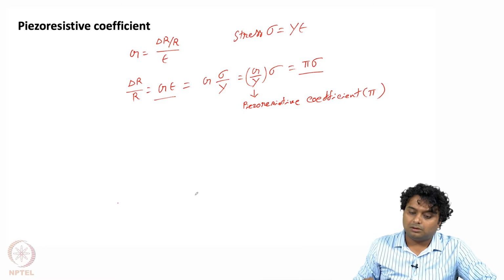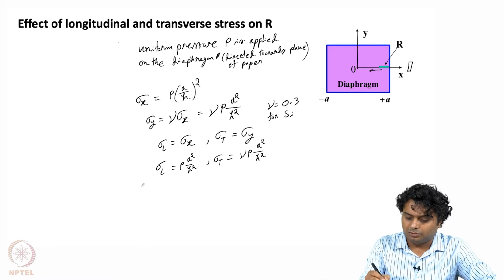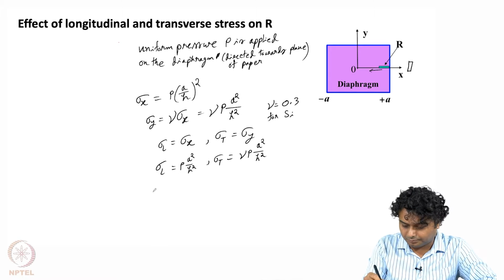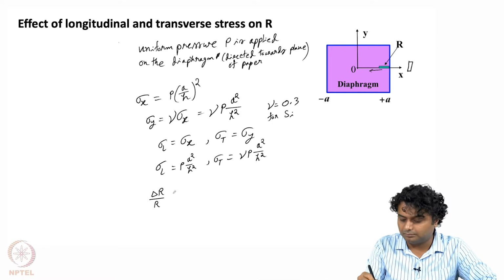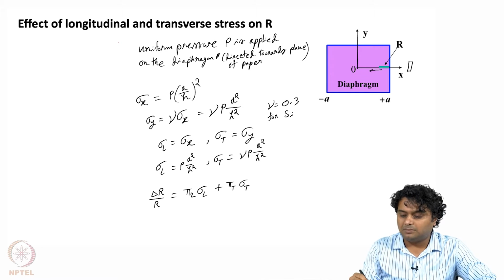Now, earlier we have seen that delta R by R can be represented as the gauge factor into strain, or the piezoresistive coefficient into stress, right. So, we already have the stress values. As I mentioned, the piezoresistive coefficient has a directional property.